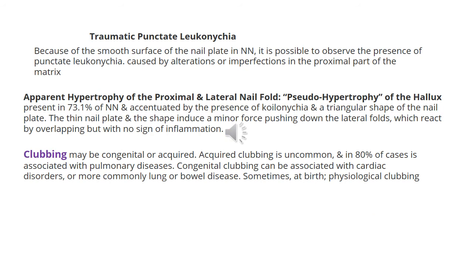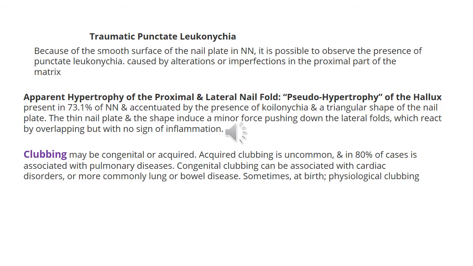Now we come to some pathological conditions that may be seen in the nail. Here you may see traumatic punctate leukonychia. There are some white spots on the smooth surface of the nail plate, especially in the neonate.